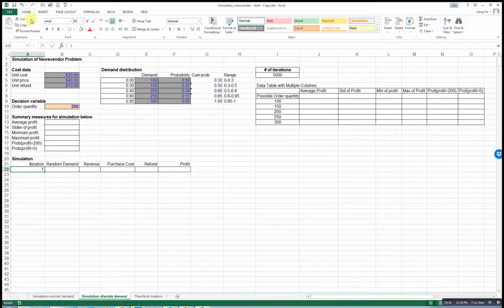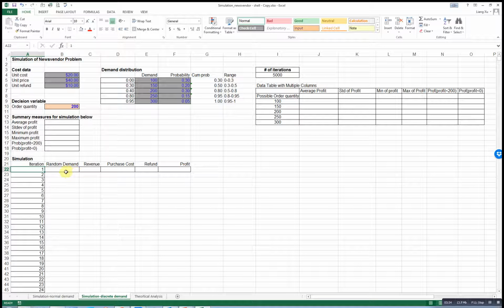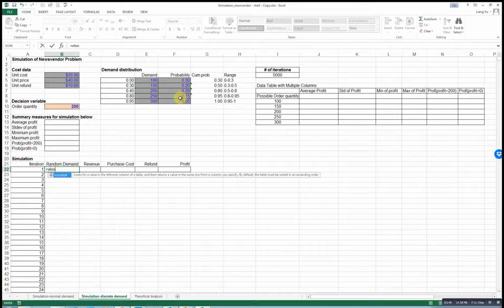For the next step, we first insert a series of numbers from 1 to 5,000, which is the number of iterations I specify here. The random demand now is not normally distributed. Instead, it's a discrete distribution. To generate that, we use the VLOOKUP function. We generate a random variable, and then we look it up in this lookup table.